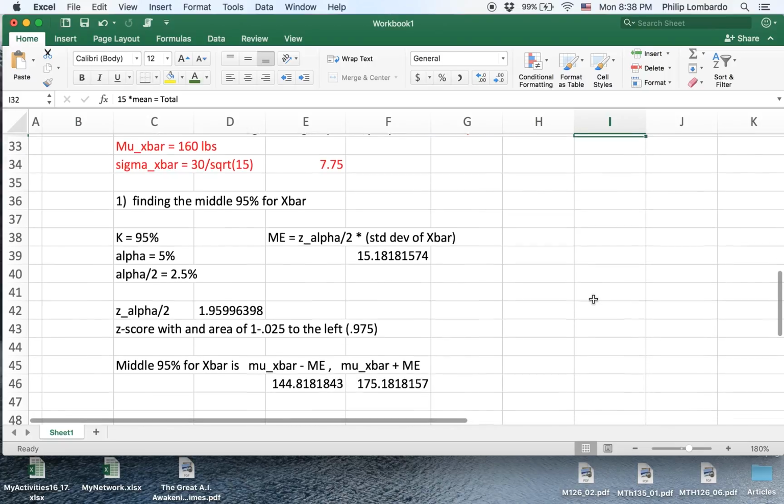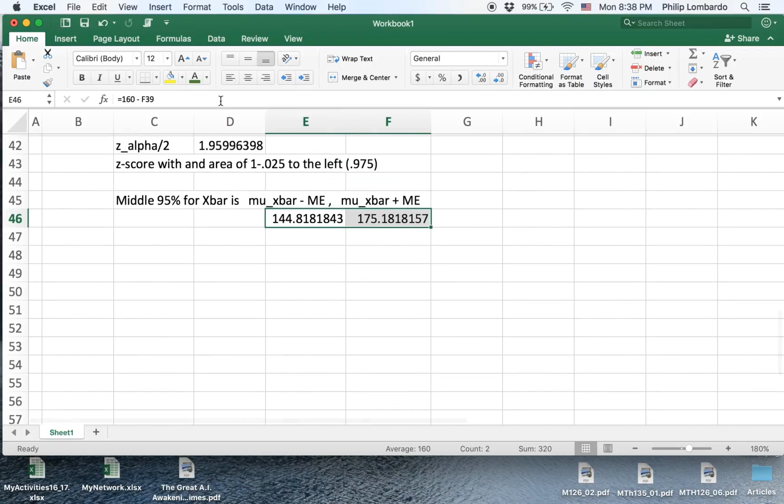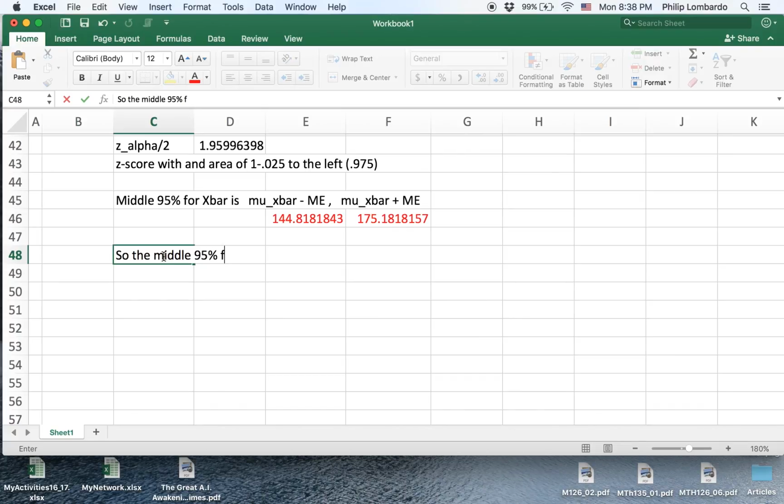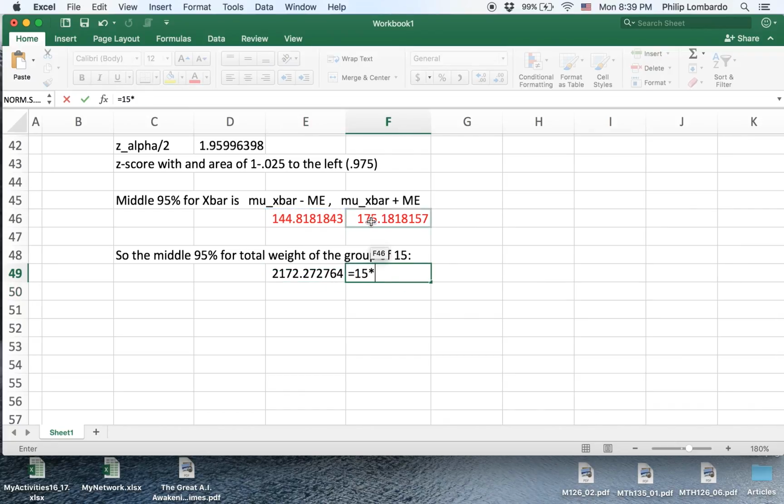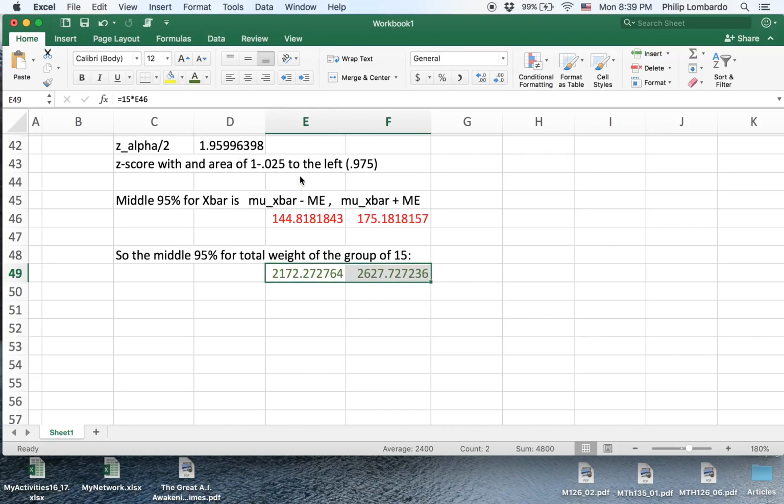All right, so we're going to use this relationship to transform the middle 95% of the mean weight for X bar into the middle 95% for the total weight of the group of 15 people. All we do here is take 15 times the lower bound for the mean weight, and then 15 times the upper bound for the mean weight. And now this ends up being the middle 95% for the total weight of the group. All right, let's round these to make them look a little nicer.